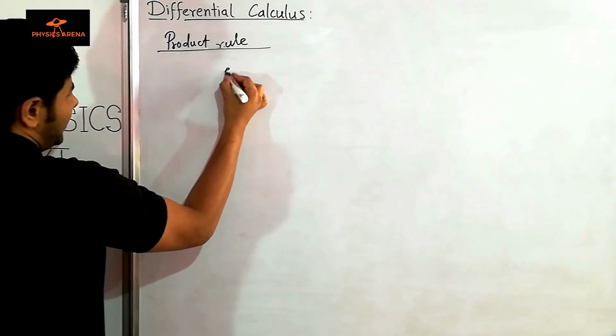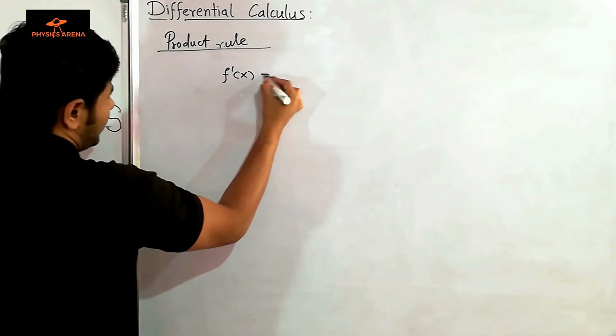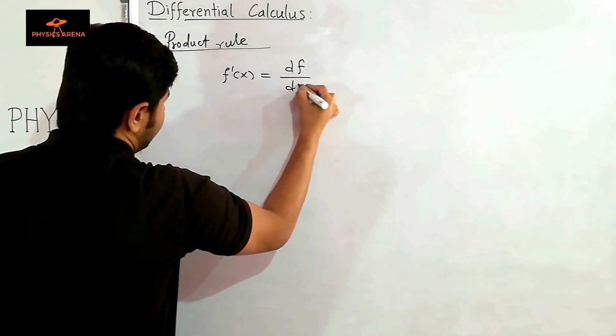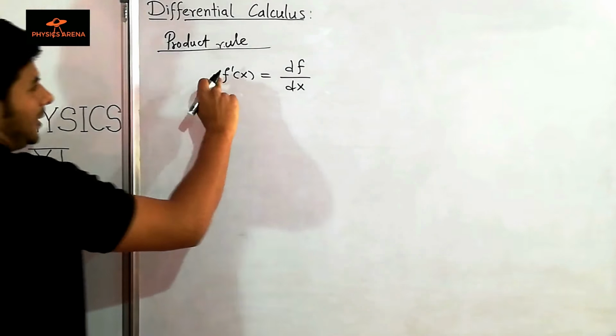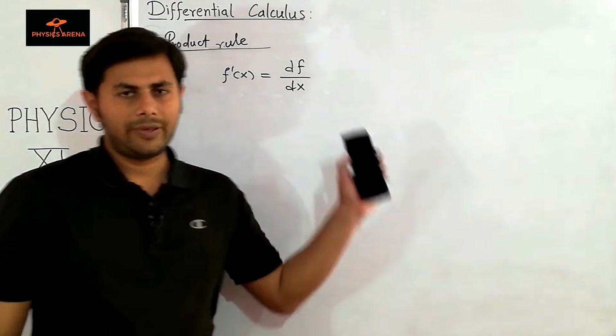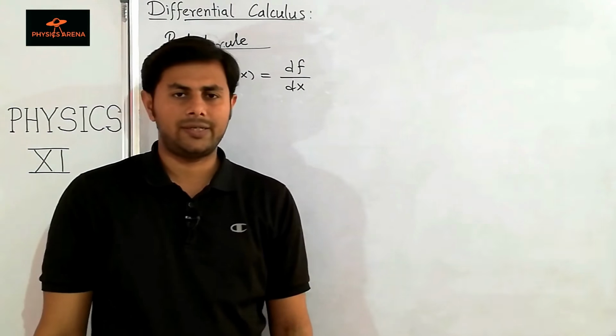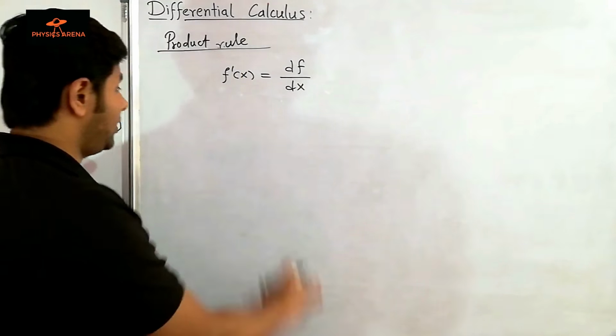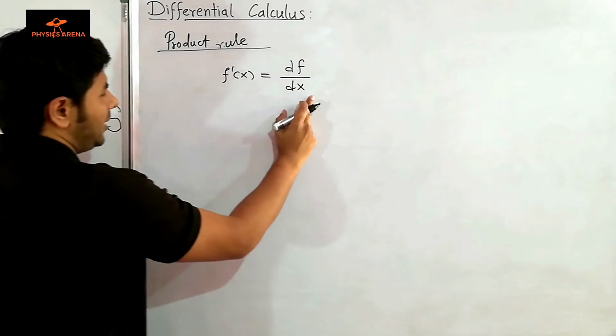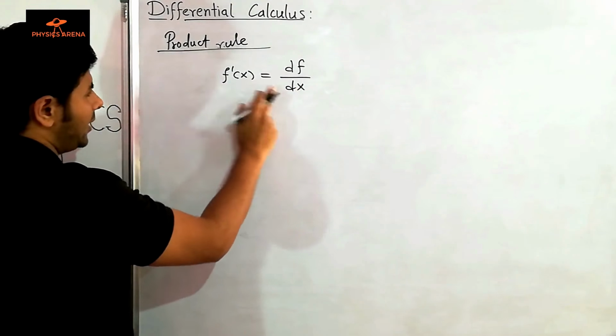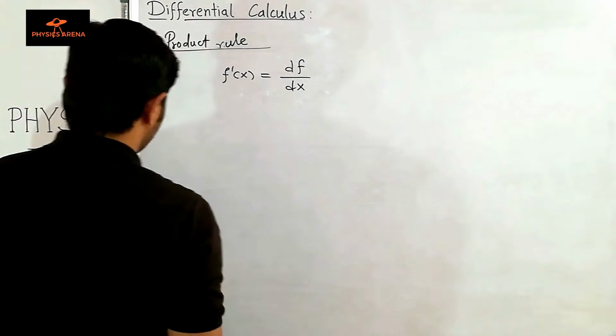And before that, let me just write df by dx compactly as f prime x. So here f is function and x is variable, and derivative of f with respect to x we will denote as f prime x.